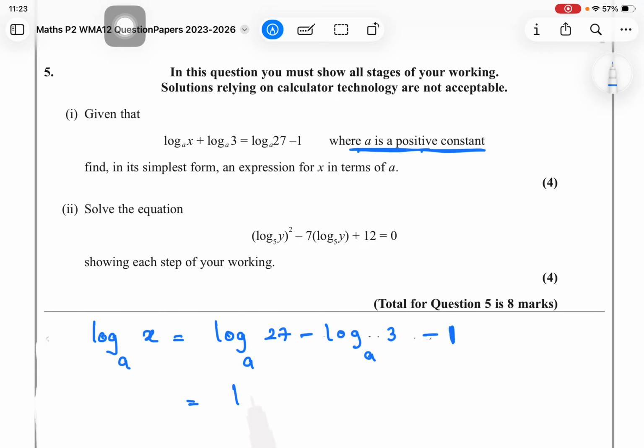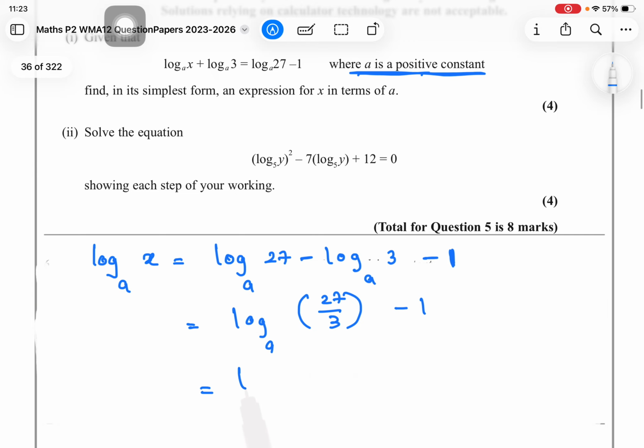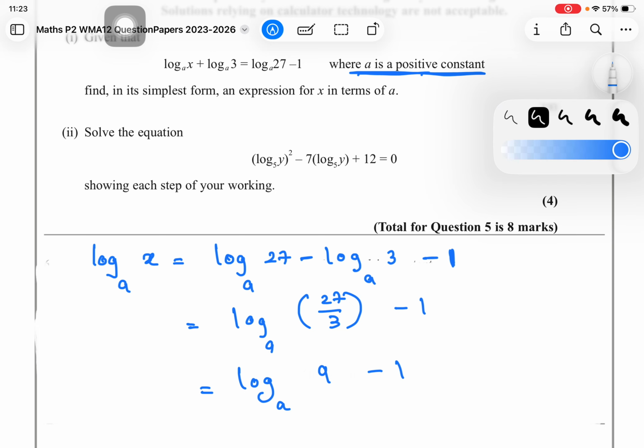Here I can write log a to the power 27 divided by 3, minus 1. So that means log a to the power 9 minus 1. This is 9 actually.